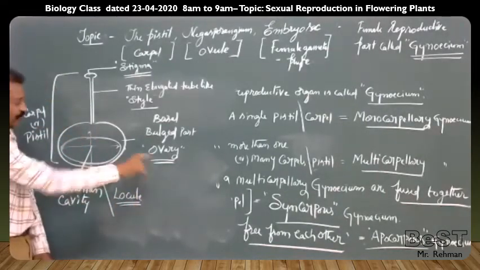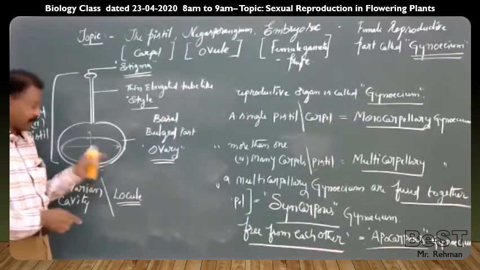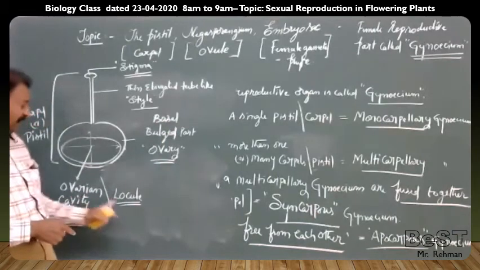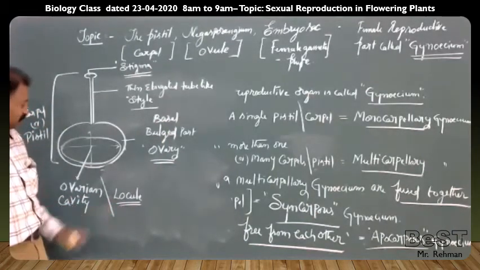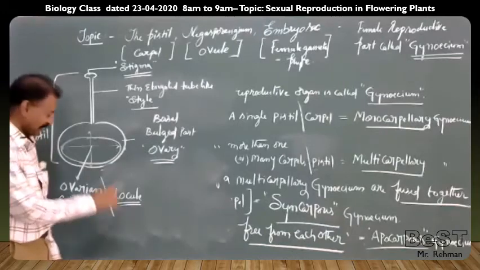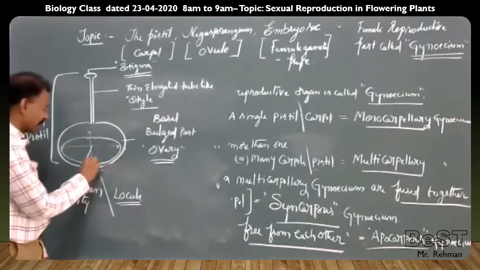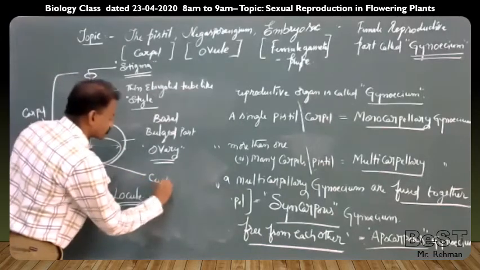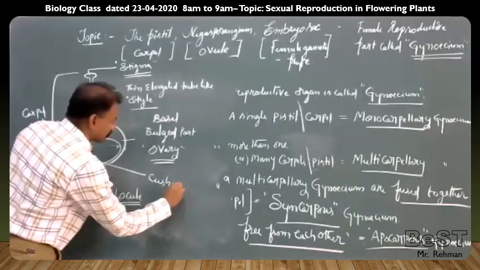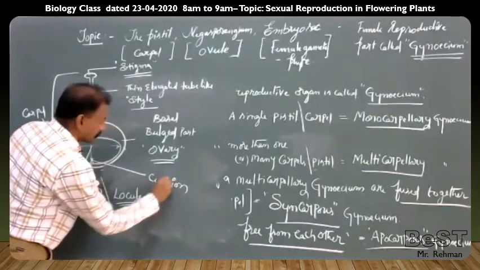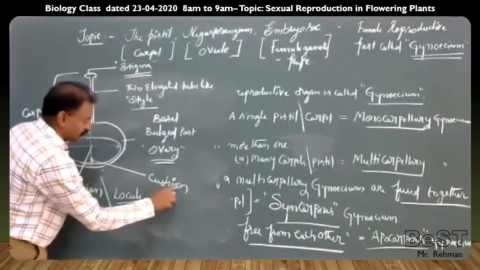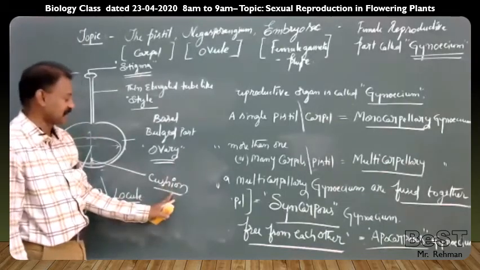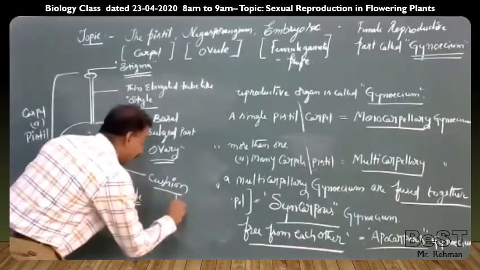So inside the ovary there is a space. This place is called ovarian cavity or locule. So what is present in this locule? In this locule there are some cushion-like structures. These cushion-like structures are called placenta.